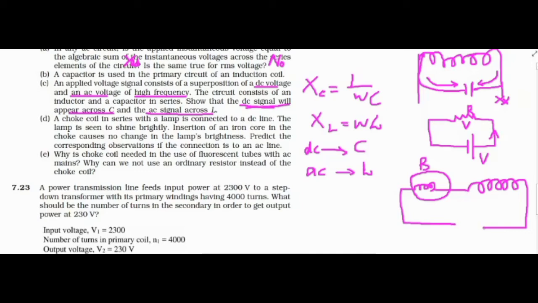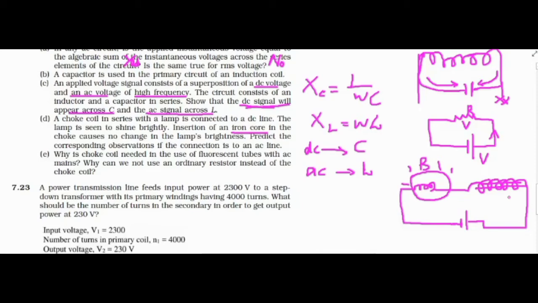Now the first case, you can see the circuit is connected to DC. Battery can be connected there. Circuit is connected to DC. The bulb will glow, and at that condition, insert an iron rod. Yes, iron core. Insert an iron rod into the inductor.